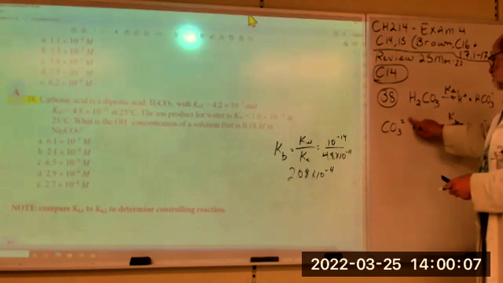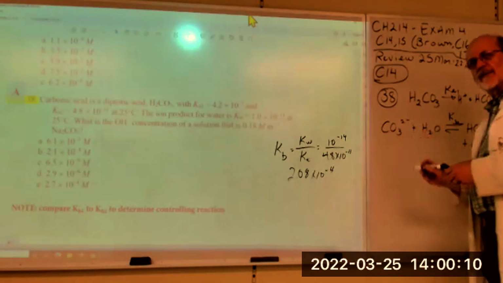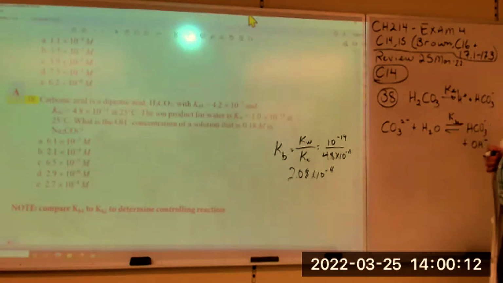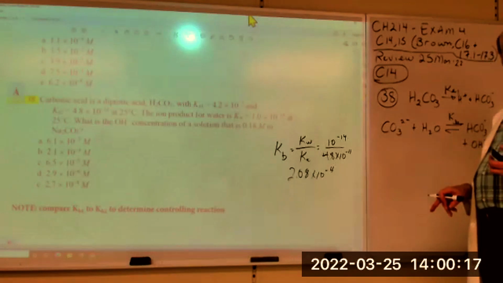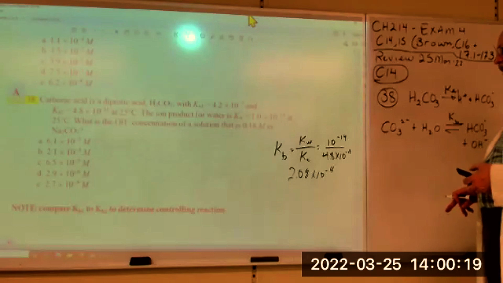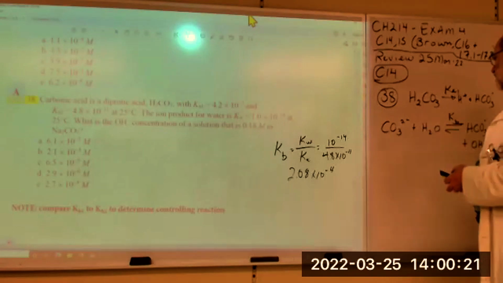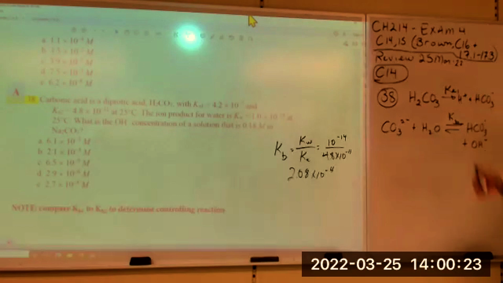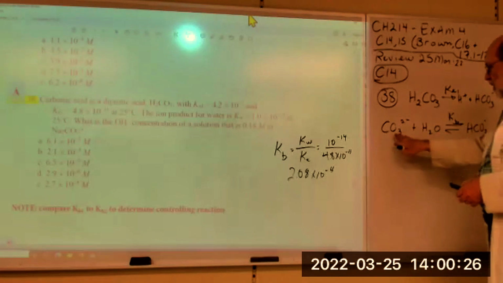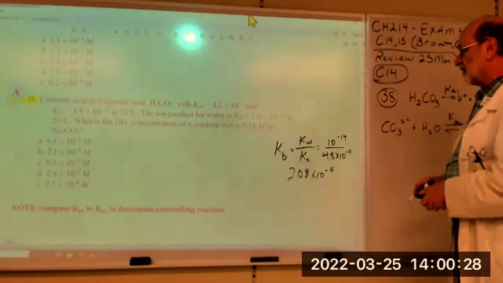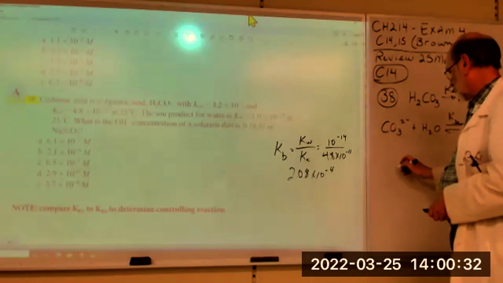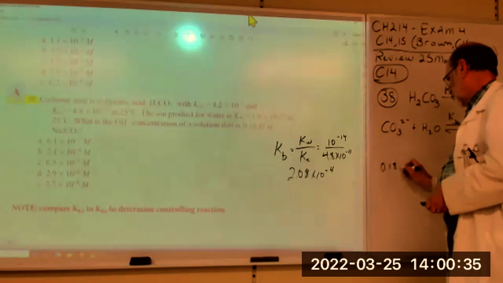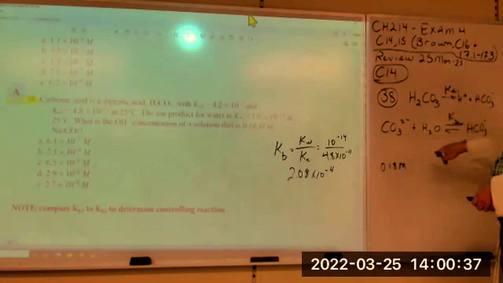Oh, I missed a point. We're starting with this because it's sodium carbonate that goes into solution. No, I didn't miss that. I did say that before. I erased it. That's why I missed it. Okay, so we're starting with this, and it's 0.18 molar in carbonate to begin with. So how much of these two does it produce?